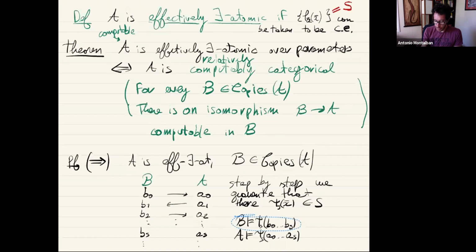So you can wait until you find some formula psi in S, and you can verify that it's true because you see all the witnesses. And when you do that, now you start looking for some A2 in A that satisfies that formula, and that's also something that is CE. And when you do, then you map them. So you can do this computably.